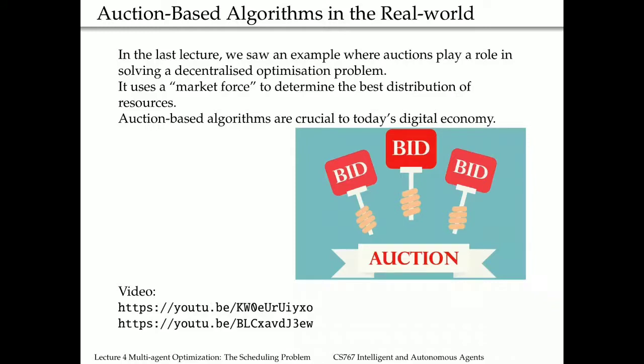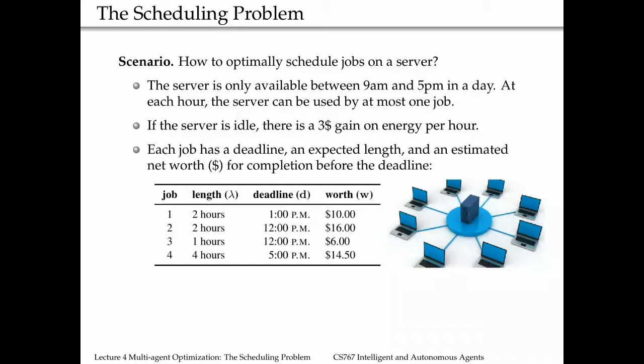In this lecture, we're going to look at another example where auctions also play an important role in solving a decentralized optimization problem. So suppose we have a server which is only available within a certain period in the day, and there are a number of jobs who want to use the server.